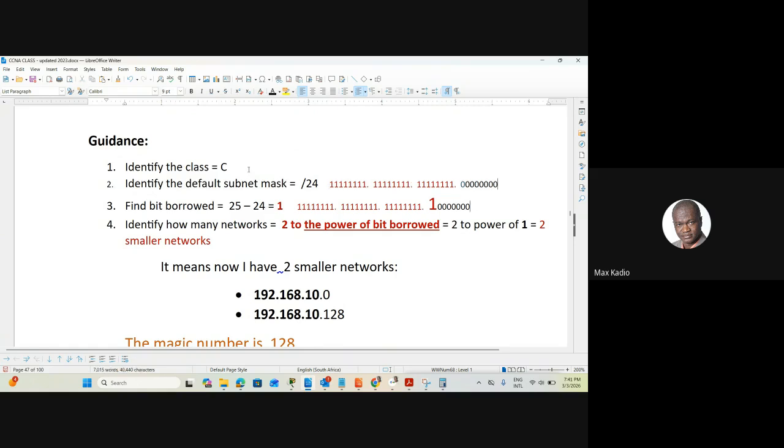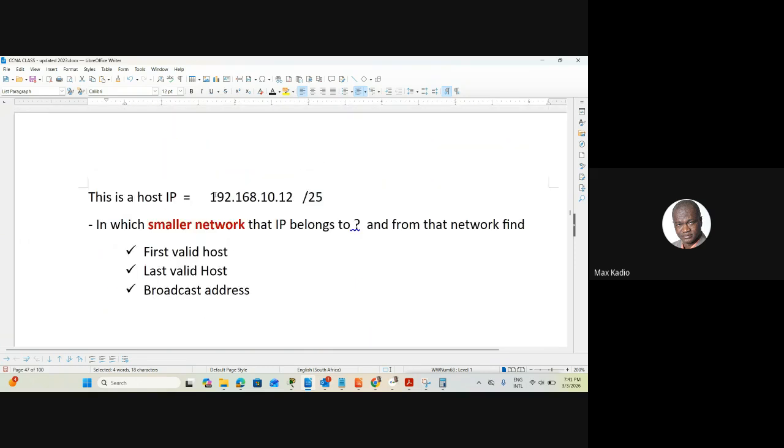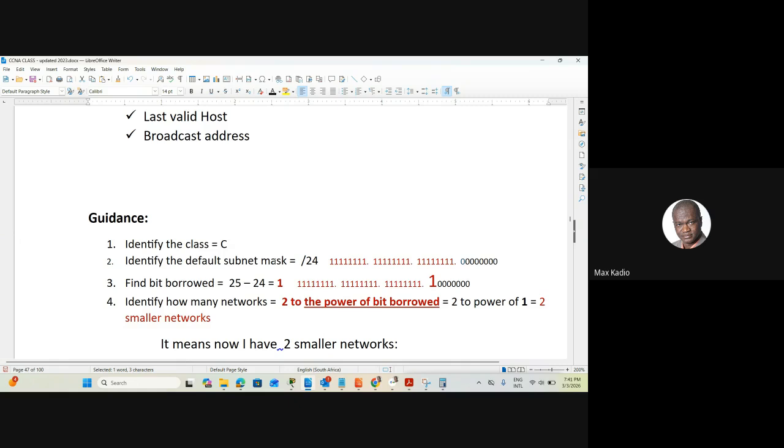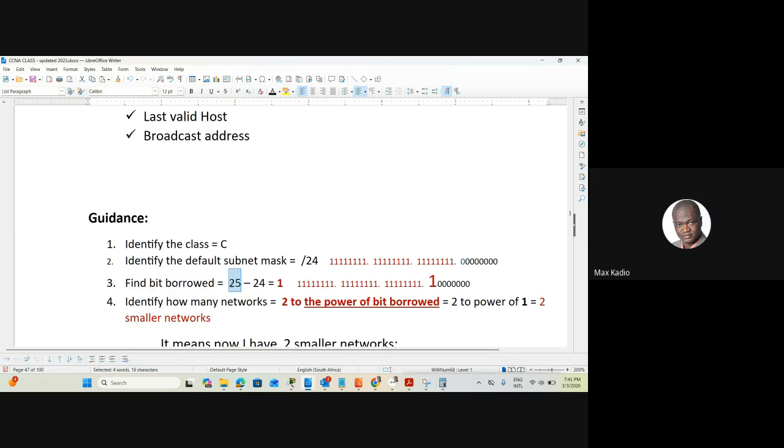Now, after you get these 2 right, step number 3, find the bits borrowed. In our question, this is the IP, and this is the subnet mask they gave us, /25. Then step number 3, 25 minus 24 is 1. It means I had my 24 bits before, and I added 1 again to be 25.